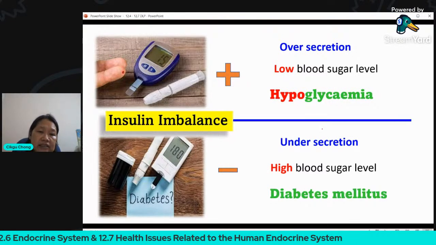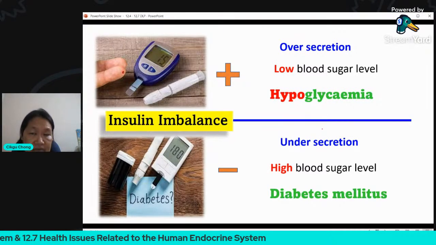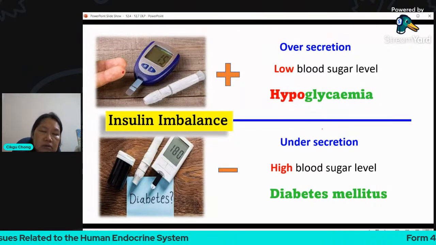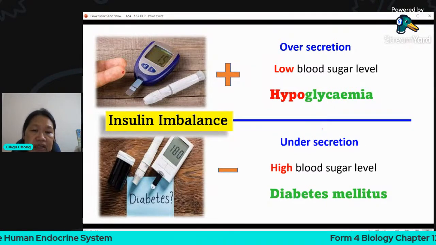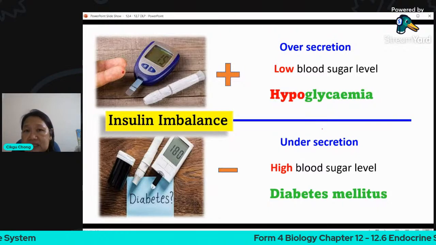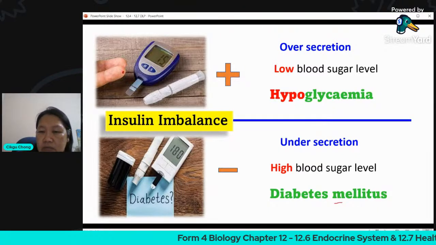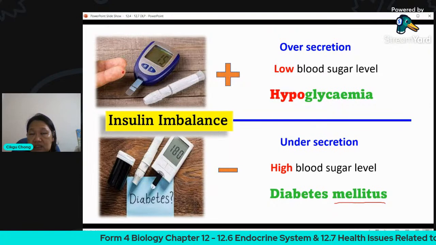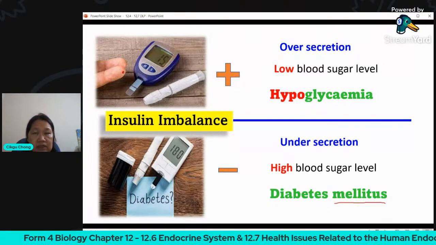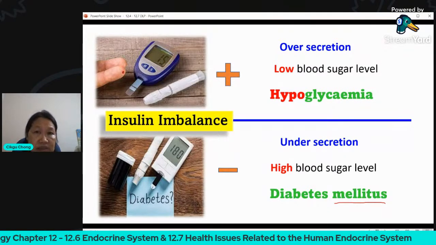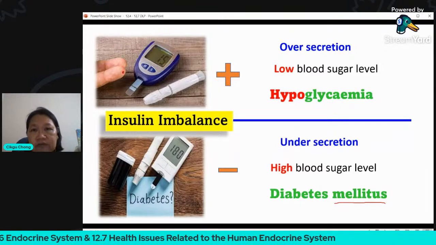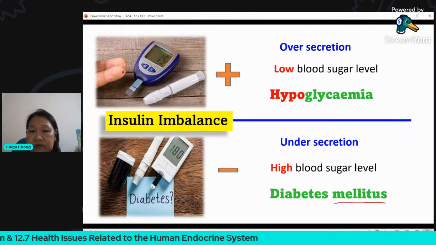This is known as hyperglycemia, or what people call penyakit kencing manis. You have diabetes mellitus. So be careful to write the complete name, not just diabetes, because there are 2 types of diabetes. One is mellitus, the other one is insipidus. Insipidus is totally different, nothing to do with sugar level. So make sure it's diabetes mellitus.